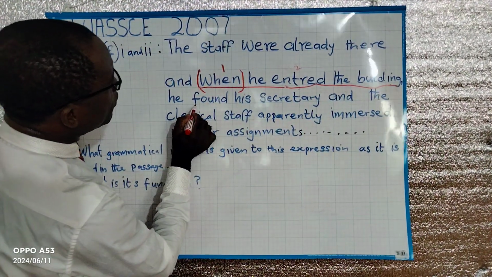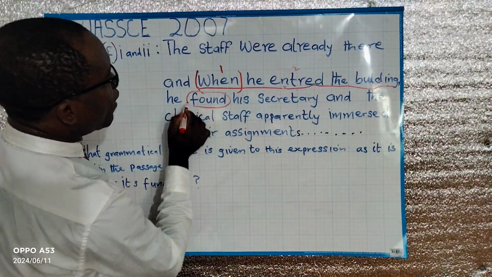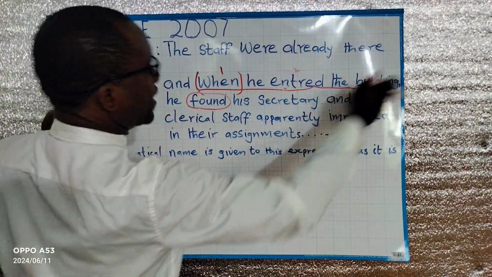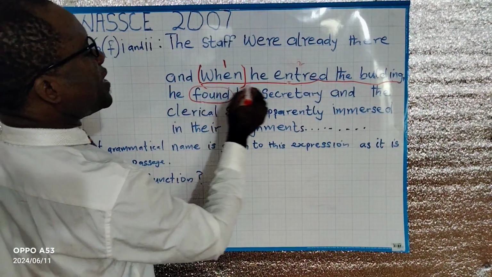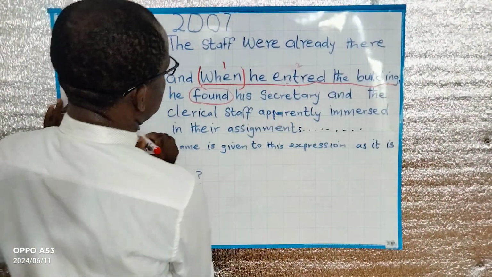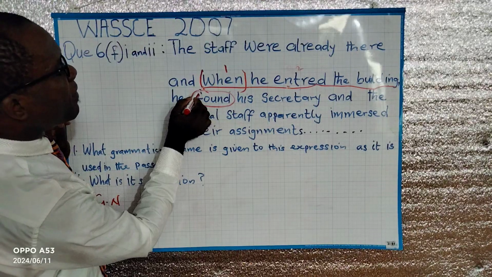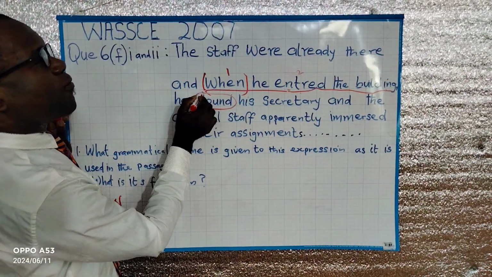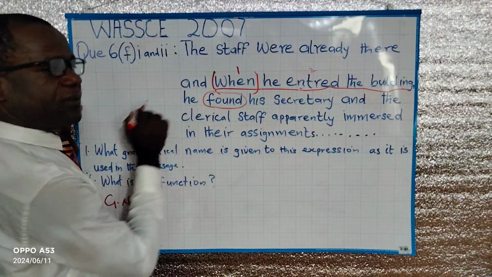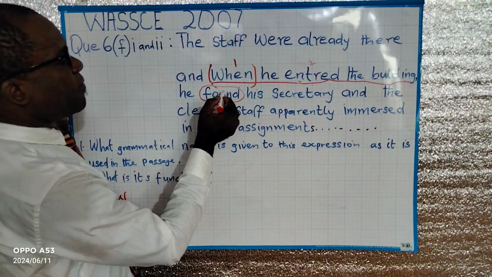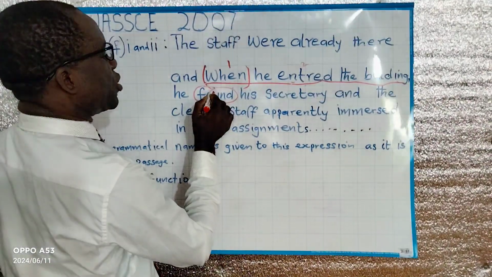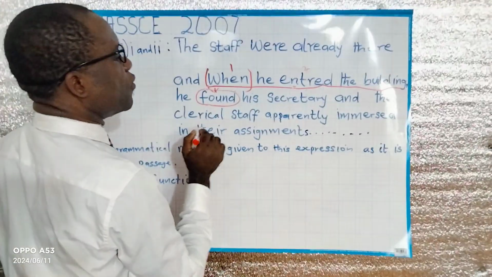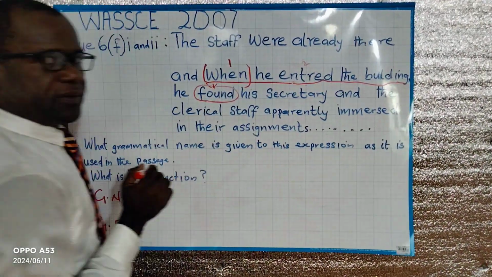He found his secretary and so on. So "when he entered the building" is pointing to the verb, pointing to what he saw or what he found. So the entire expression here is showing us what the man found when he entered the building.